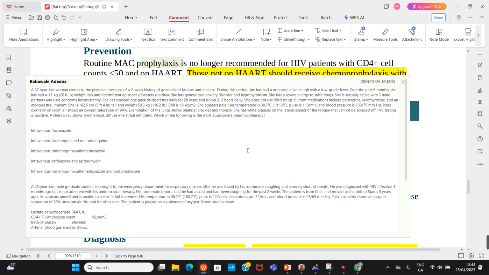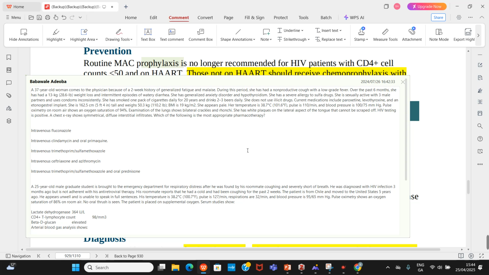She has a severe allergy to sulfa drugs. She's sexually active with 3 male partners and uses condoms inconsistently. She has smoked 1 pack of cigarettes daily for 20 years and she drinks 2 or 3 beers daily. She does not use any illicit drugs. Current medications include paroxetine, levothyroxine, and etonogestrel.